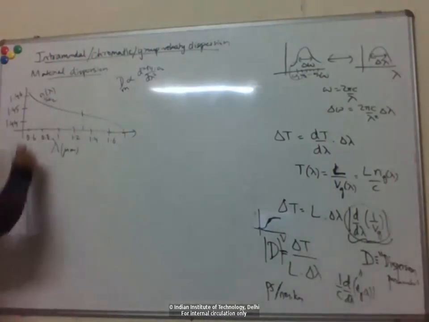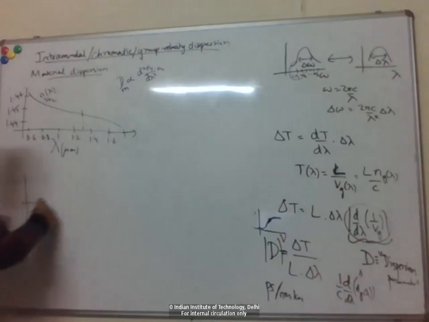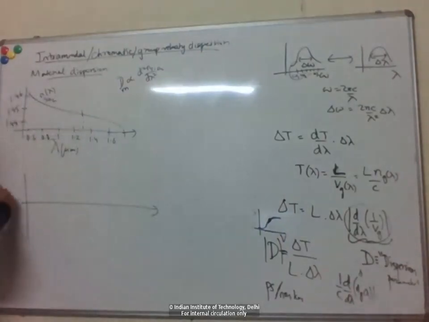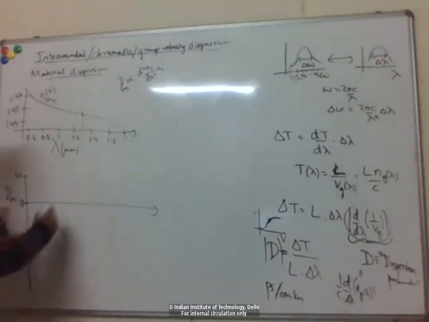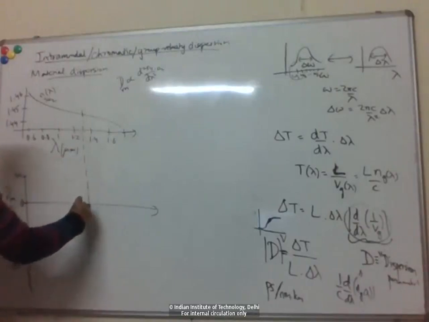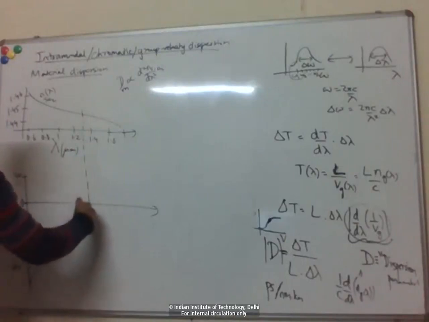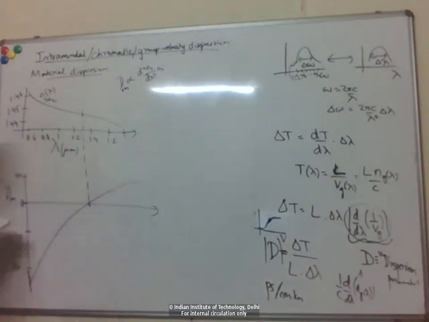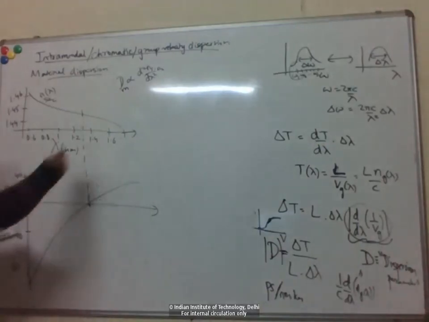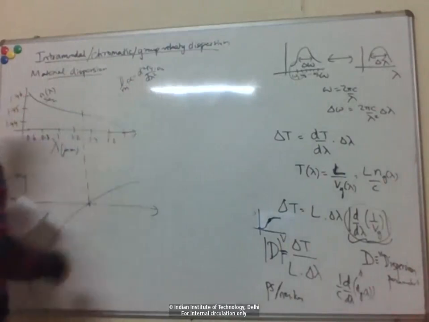Okay, so if we take the second derivative, so this material dispersion here, basically around here it crosses 0. Because there is also a negative sign here, minus lambda over c.